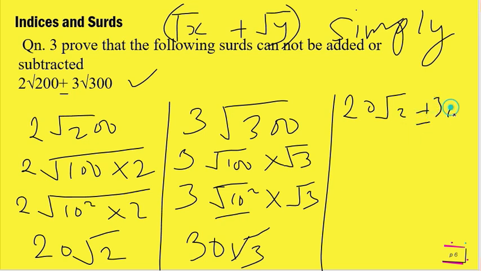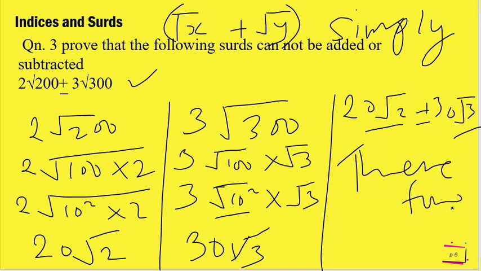30 root 3. Now, it is evident that whatever is inside the root in the first term and the second term are different. Here we have 2, here we have 3, and therefore the two terms cannot be added or subtracted.